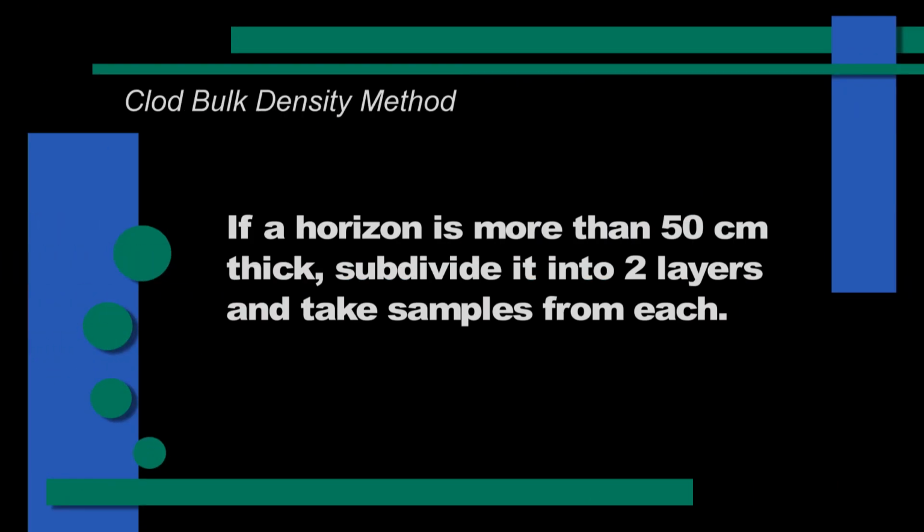If you have a very thick horizon, such as this lowest one, you may want to split it in 2 and take clods from the upper part and from the lower part. A good rule of thumb is if a layer is more than 50 centimeters thick, you subdivide it into 2 different layers and get clods from the subhorizons.